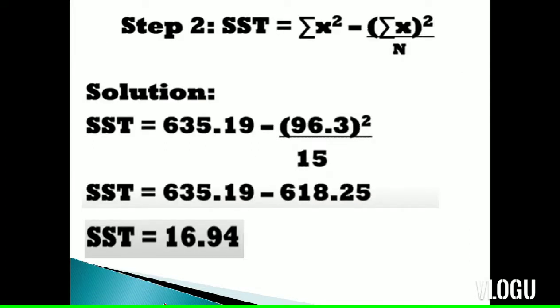So step 2, SST. So summation of X squared minus the squared of the summation of X over N. Solution.